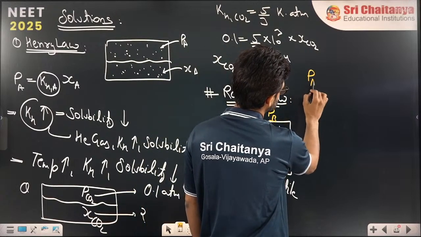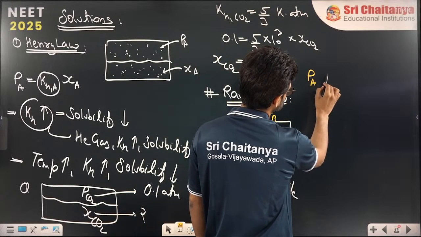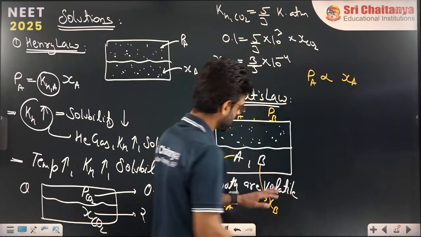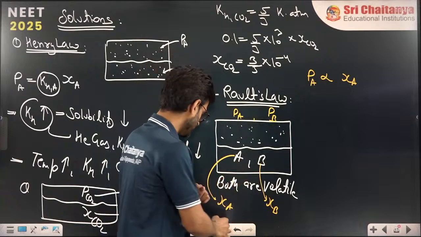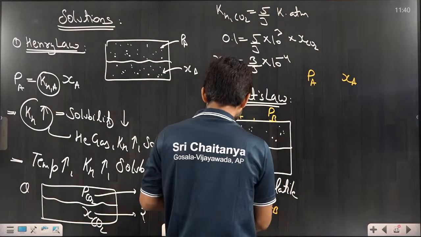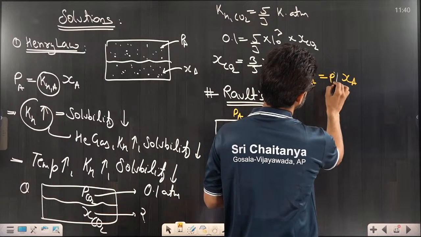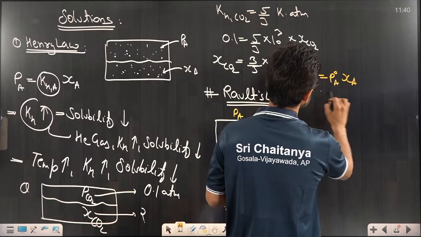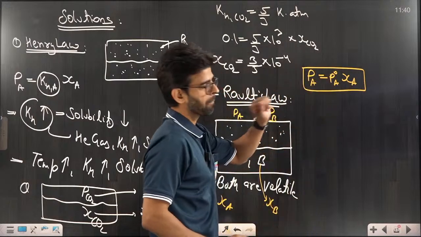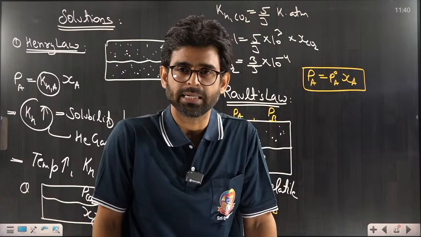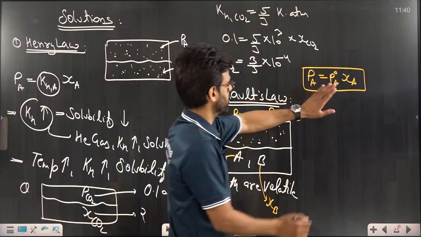The vapor pressure of A is proportional to the mole fraction of A in the liquid solution. If you remove the proportionality sign and put a constant, that is P naught A, the vapor pressure of A in the pure state when B was not present. This is Raoult's law.